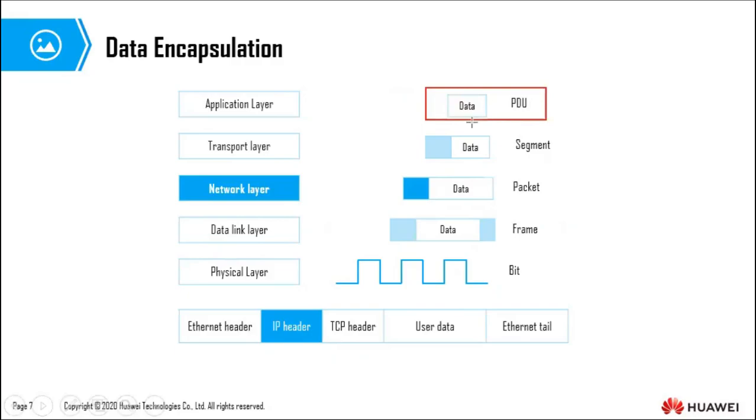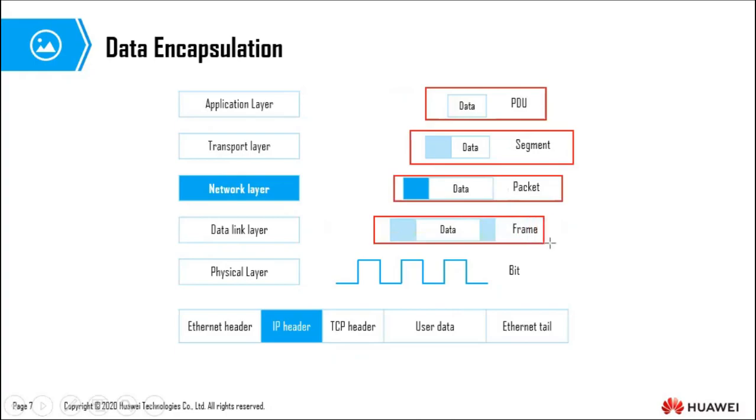If it goes to the transport layer and we add a TCP header, then it's called a segment. At the network layer, we add an IP header and we call it a packet. At the data link layer, we call it a frame because we add layer 2 information like the source and destination MAC address.